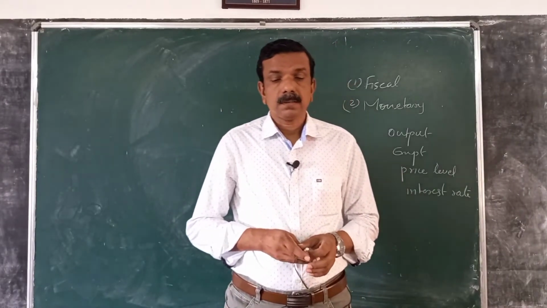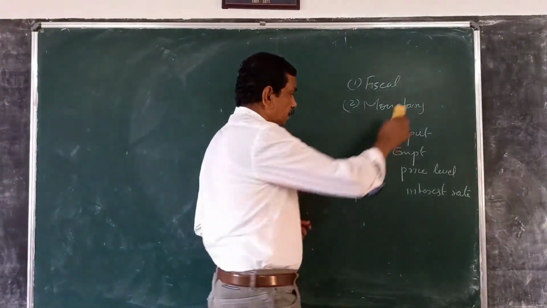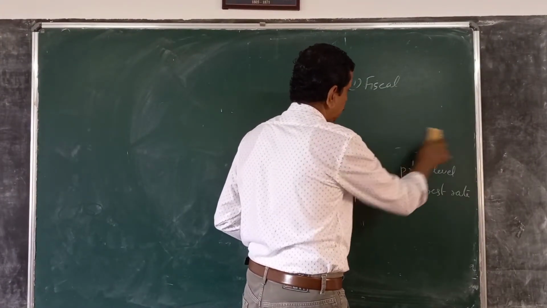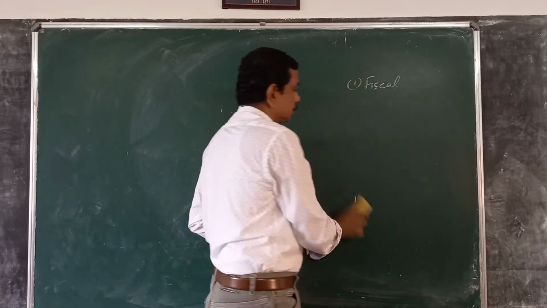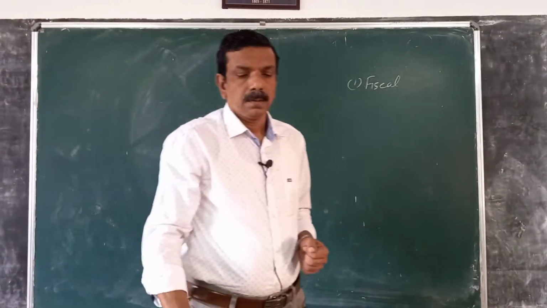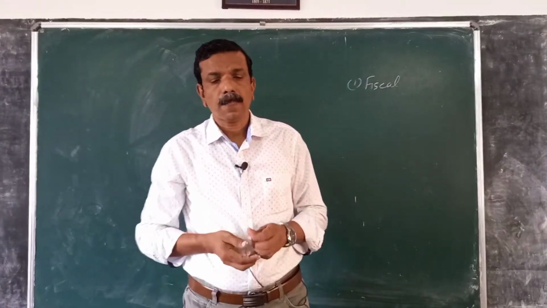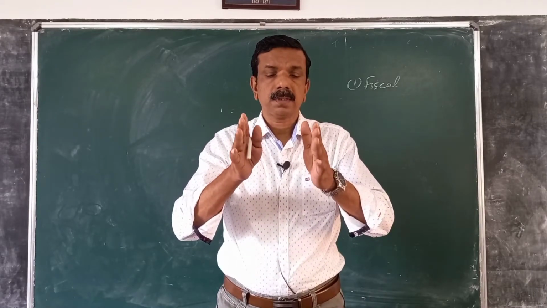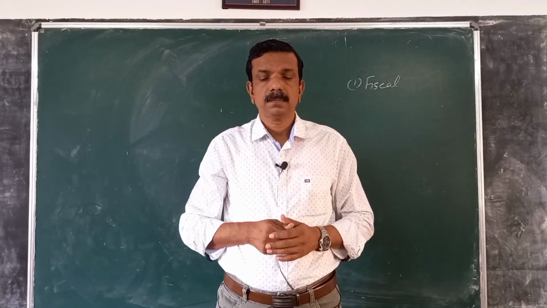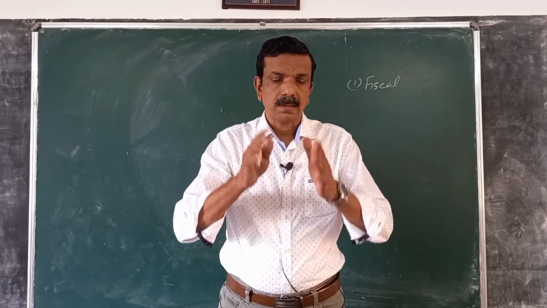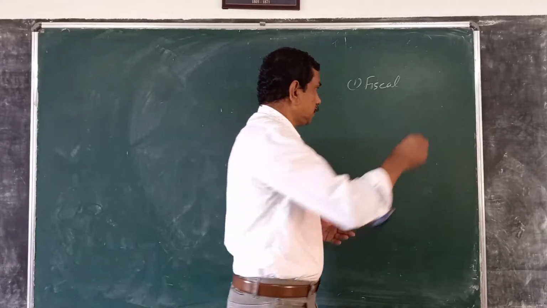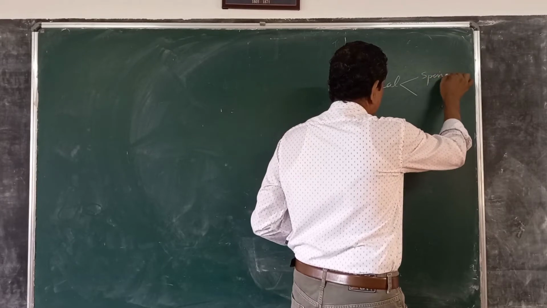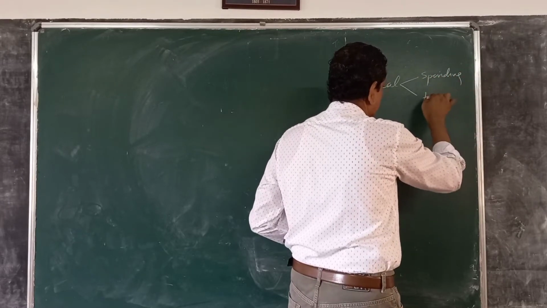First, we consider the effect of fiscal policy on output, employment, price level, and interest rate. Now, as it is known to you, fiscal policy is setting of budget, and it consists of decisions of government with regard to spending and taxation.